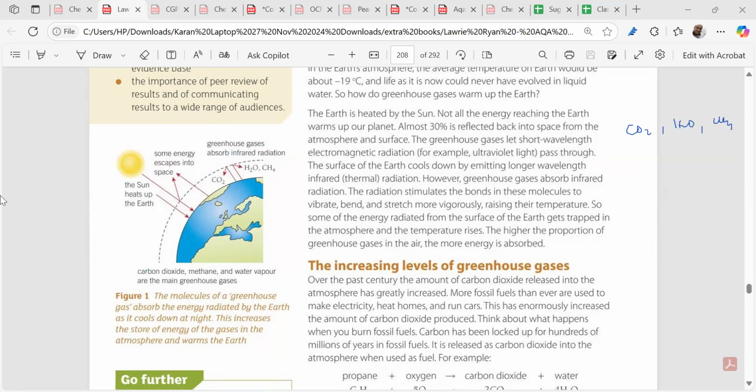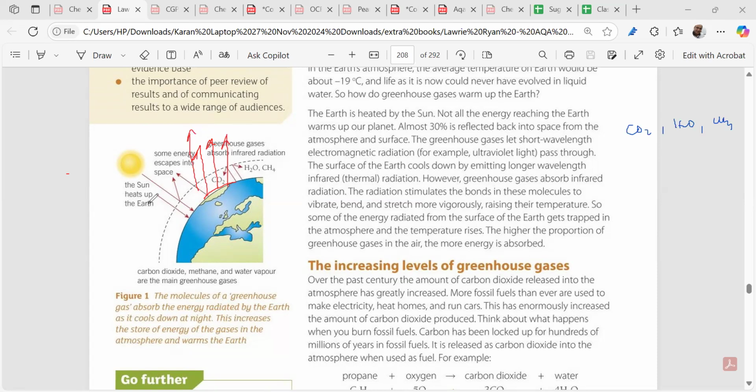Now, the infrared radiation is our main focus over here. When the sun gives out the infrared radiation, maximum radiation will be reflected from the ocean and the surface. 30% will be reflected back. From where? From the ocean and the surface of the earth. Number one. Number two, it will be reflected from the atmosphere layers also.